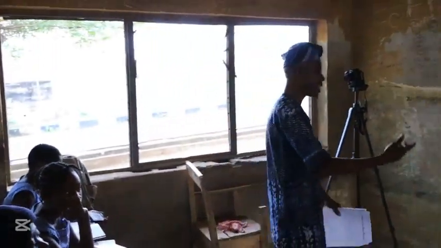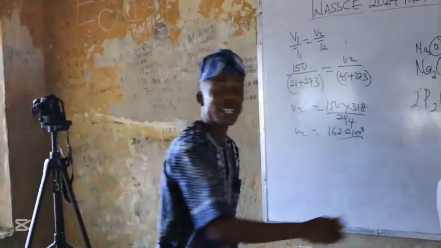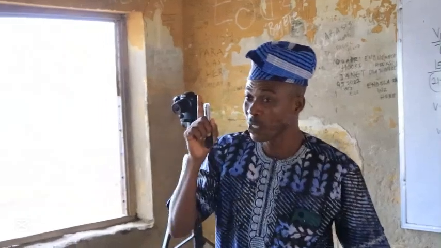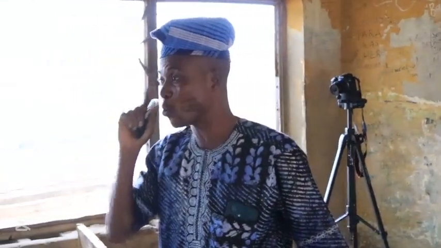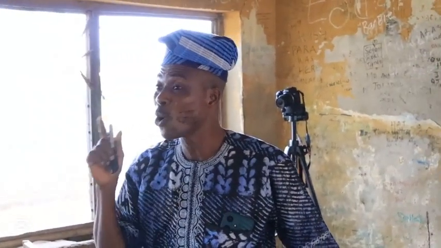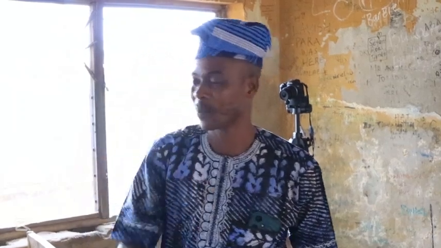The problem is that when you write an equation, there are two things involved: correct reactant and product. If you have not written a correct reactant and product, it will be difficult for you to balance it. He has written the wrong product.